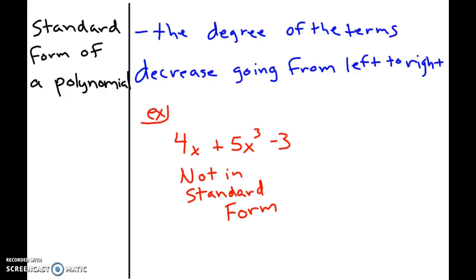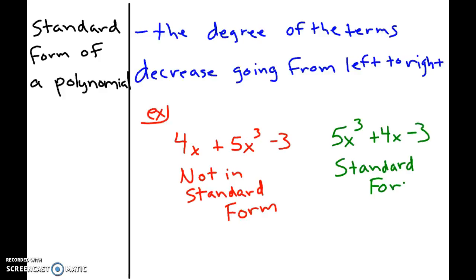That is the highest degree of all the terms in that expression, and so technically it needs to go first. So we would write that as 5x cubed plus 4x minus 3. That is in standard form, because we went x cubed, then the single x, and then the constant. You want to be in decreasing order going from left to right.